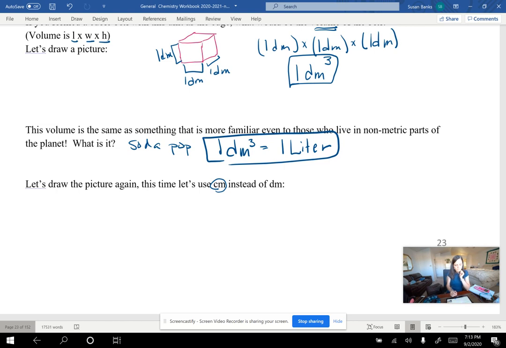So remember, in 1 decimeter, I have 10 centimeters, right? So that would give me 10 centimeters on each side. So if I draw this box with centimeters instead, let's do this.